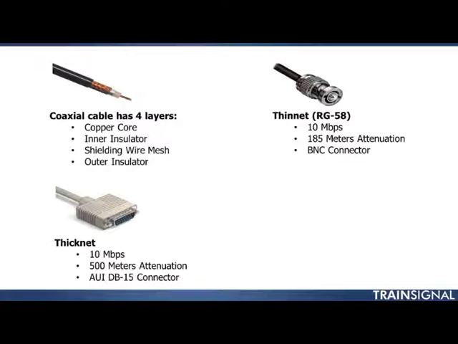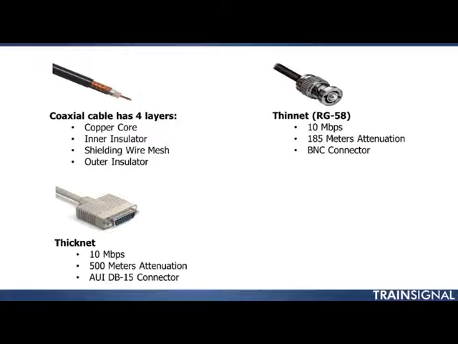It could actually take data up to 500 meters before suffering from attenuation. It used an AUI DB15 connector, and that's what you see listed here. And it also used what's called vampire taps, where we could have devices tap into the cable through using like these teeth that would go down to the copper core to make the connection.